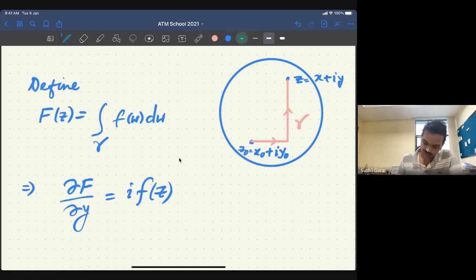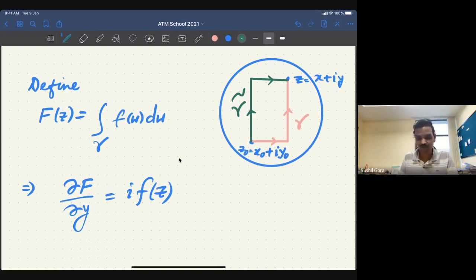Similarly, you could consider first vertical and then go along horizontal. So this is, let's say, gamma tilde. And what is this? By the previous theorem, integration on this rectangle is 0.